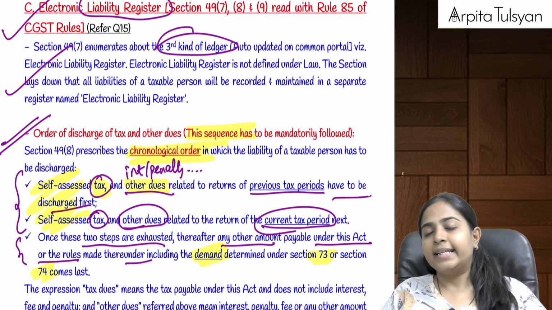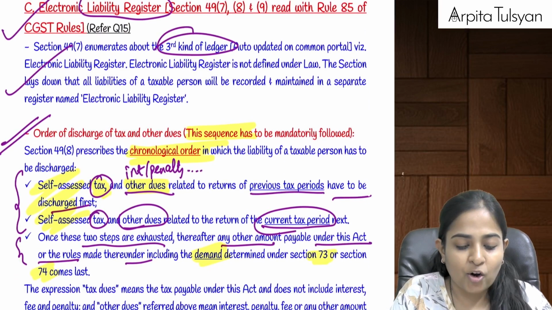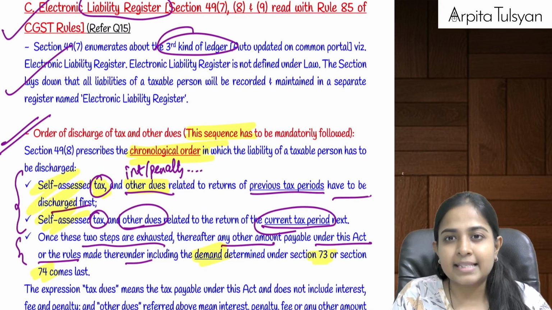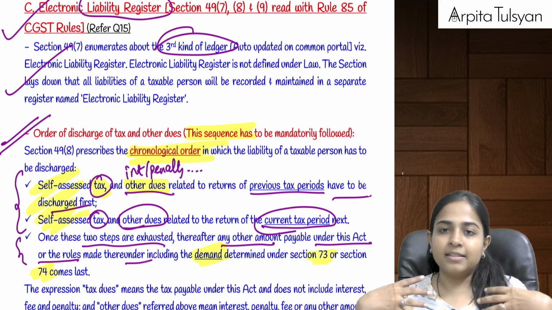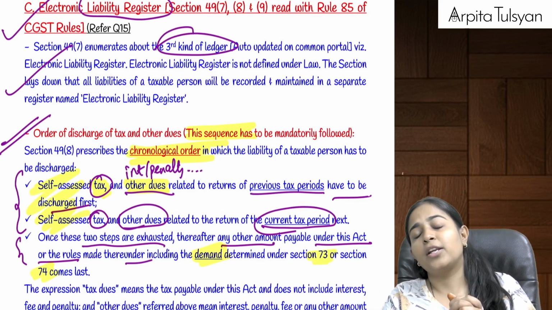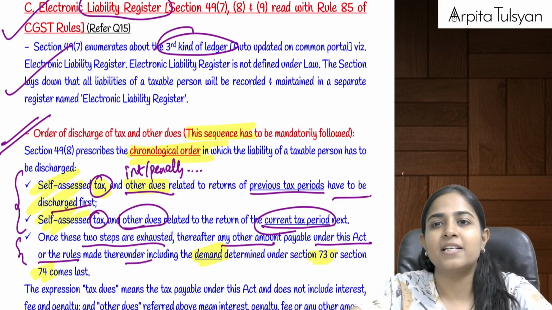Yes. Okay, then the last type of register, that is the electronic liability register. This will be maintained by you. On the debit side of the electronic liability register, you will record all the liability that is payable.